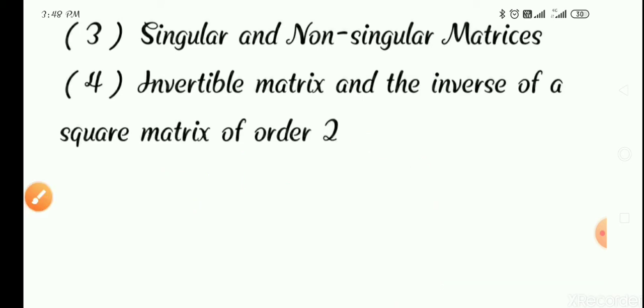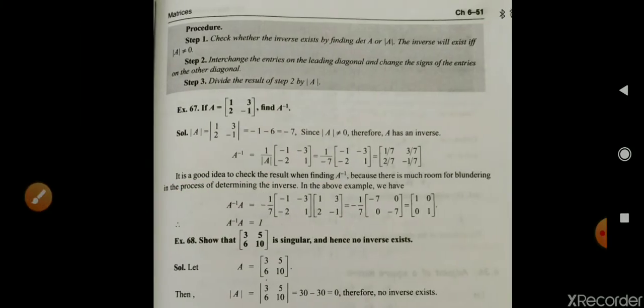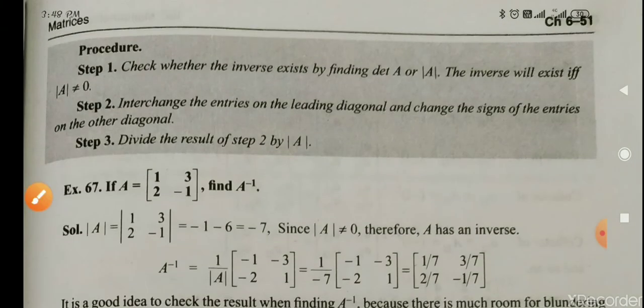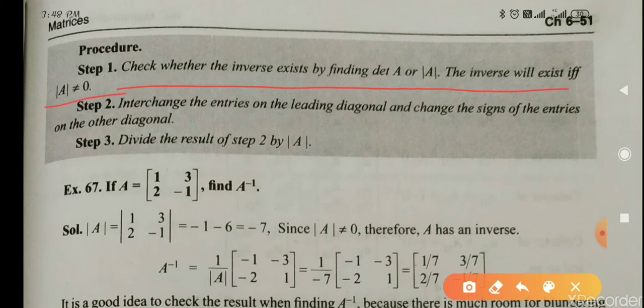Now you see, here is the procedure I told you. Check whether the inverse exists by finding determinant A. The inverse will exist if determinant A is not equal to 0, if the given matrix is non-singular. Interchange the entries on the leading diagonal and change the sign of the entries on the other diagonal.